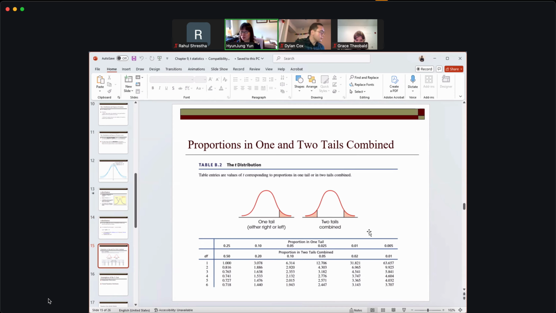So we talked about one-tailed and two-tailed tests. Again, it goes back to hypothesis testing. When you have a directional hypothesis, you already know it's a positive or negative relationship, you can go with a one-tail test.